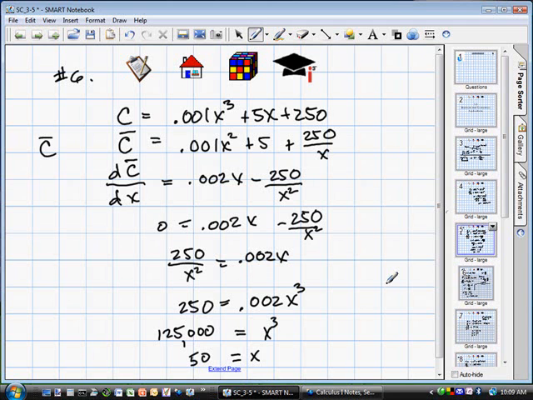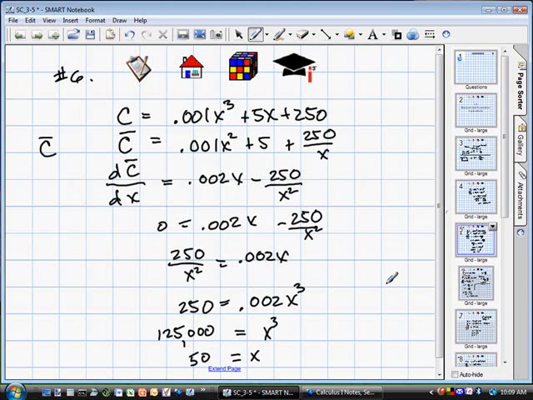Okay, so we got the average cost. What I'm saying is I want to find the derivative of this C bar. I could have written this C bar, same thing, but I want to remind you that this notation sometimes has advantages. So this is saying, find the derivative of C bar with respect to X.